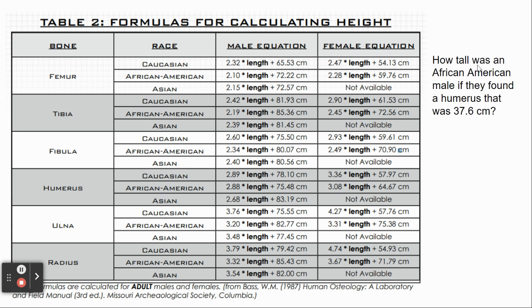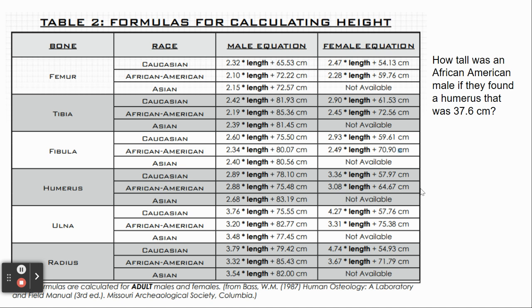So if you have an African American male that has a humerus that was 37.6, we've got the humerus bone, so you're going to take 2.88 times that 37.6. You're going to add to that 75.48 centimeters, and that is going to give you an estimated height in centimeters, and you could then make that conversion to inches, right?